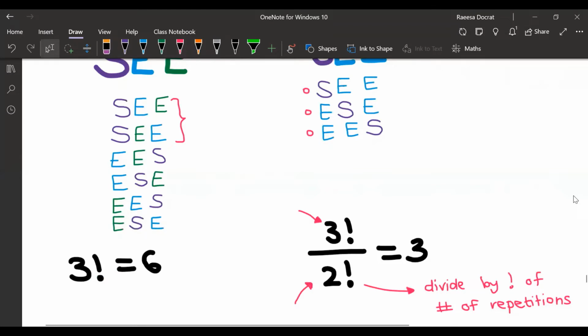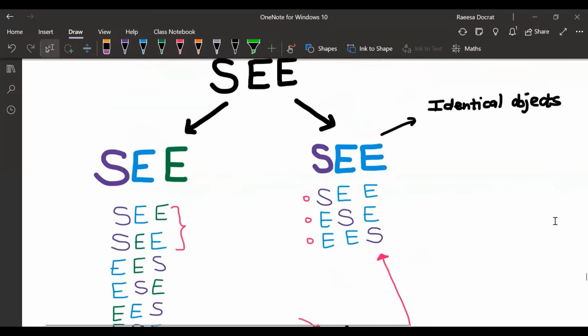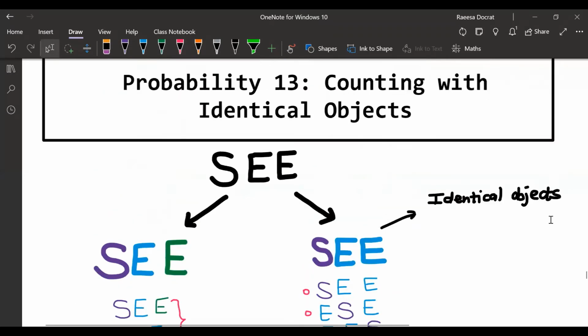So this will become 3 factorial, and E is repeated twice, so we put 2 factorial in the formula, and then we have 3, the number of unique arrangements of the word SEE. Please remember this any time that you have identical objects or objects that are considered the same.